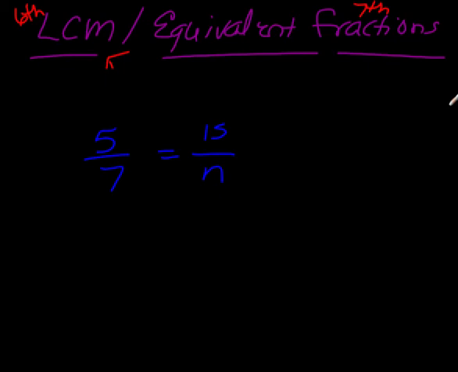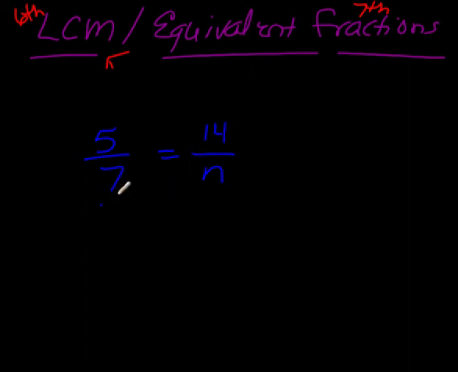All right, so here's my question. Actually, no, let's do another number. Let's do 14. So 5/14. Okay, so here's our question. Can I multiply 5 by anything to give me 14? The answer is no, so I know I have to use the butterfly method.